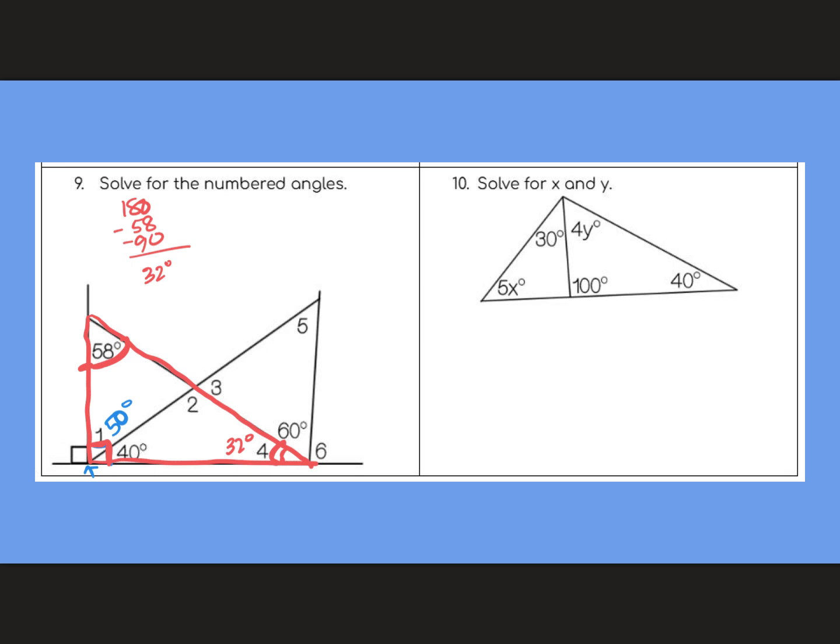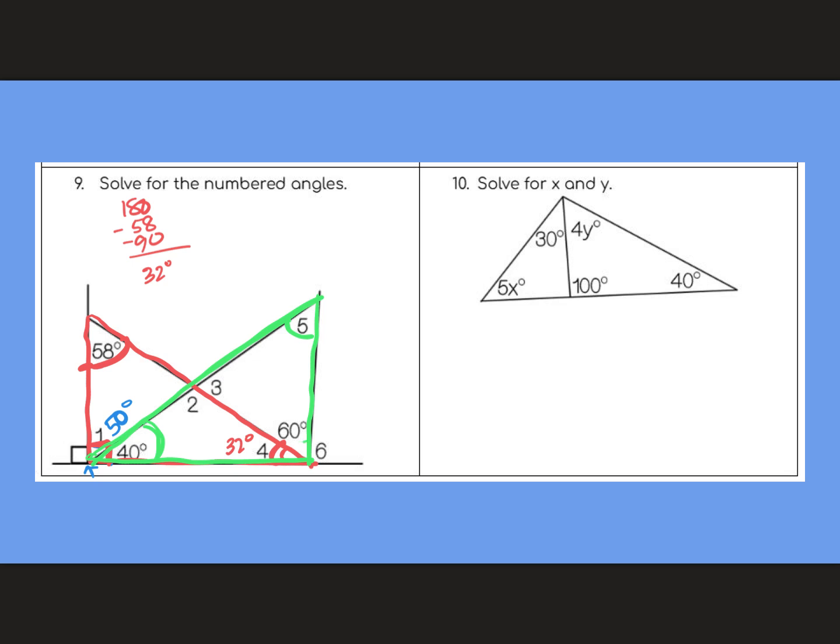Okay, so now what do we want to find next? I'm looking at the same kind of idea, the same triangle idea, looking at these big guys, and this time I'm coming over here. So now for this one, I know this angle is 40. Up here's angle 5, that's what I'll be asked to find.